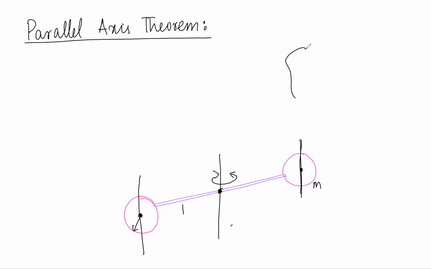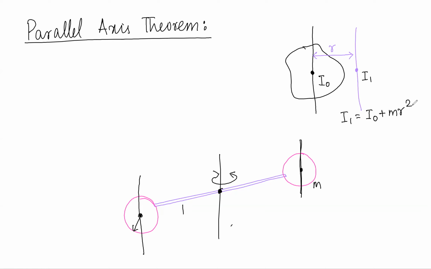So if you have an object whose moment of inertia about the center, I0, is known, then the moment of inertia about any other axis that is parallel to this axis and at a distance of r is equal to I0 plus mr square. What is the parallel axis theorem?